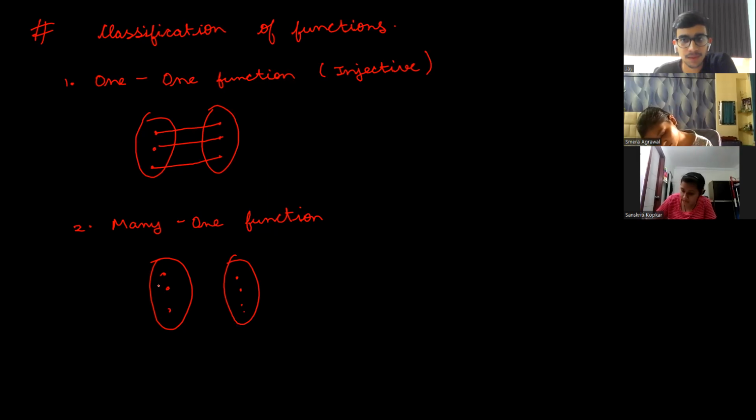So more than one element of A are connected to one element of B. Right. So this, and let's say this. Okay, so this is a many-one function. And do remember this name, one-to-one function is also known as injective function.